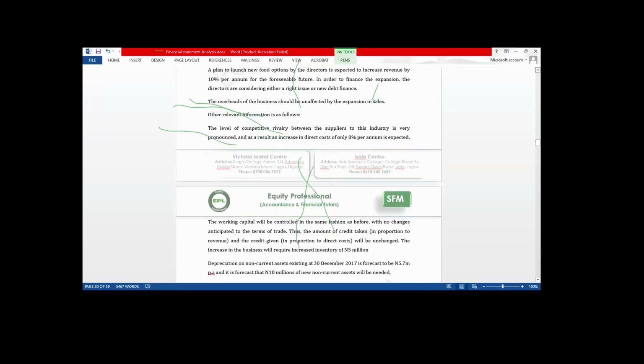Other relevant information is as follows. The level of competitive rivalry between the suppliers to this industry is very pronounced. As a result, an increase in direct cost of 8% per annum is expected.